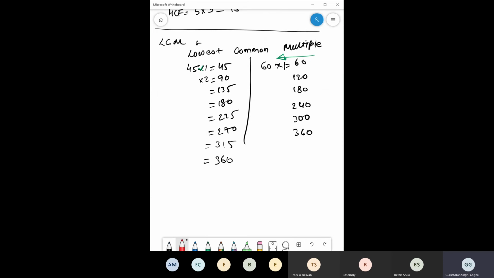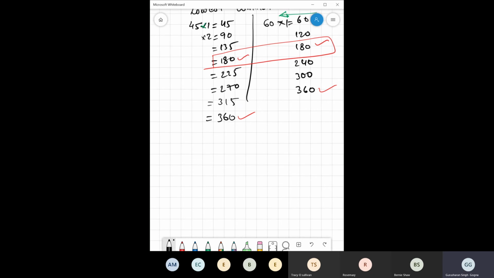So what are common multiples? 180, 360. Then the third word is lowest. So what's the lowest common multiple? 180. Obviously, you don't need to do this. This is just to explain the meaning of lowest common multiple. A lot of students don't even know what they're doing. So 180 is the multiple, the common multiple, and the lowest common multiple of 45 and 60.